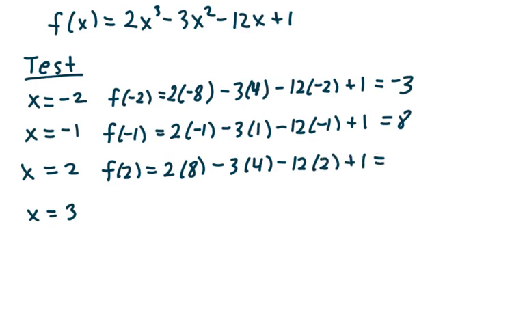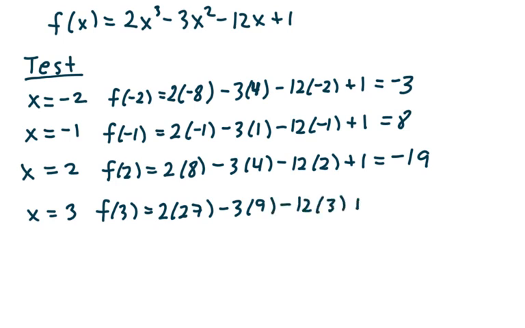And when we go through this, we get, let's see, 16 minus 12 is 4. 4 minus 24 is negative 20. Negative 20 plus 1 is negative 19. And then if we look at f of 3, we get 2 times 27 minus 3 times, looks like 9, minus 12 times 3 plus 1.